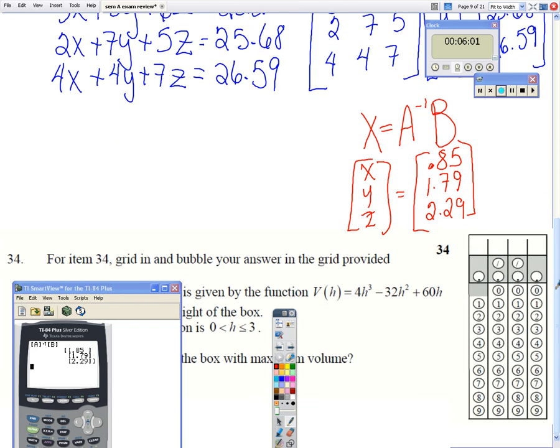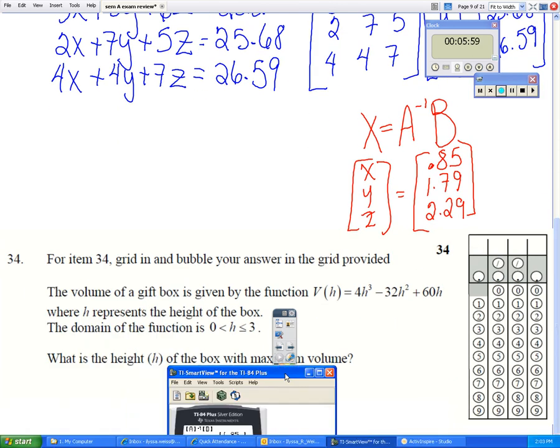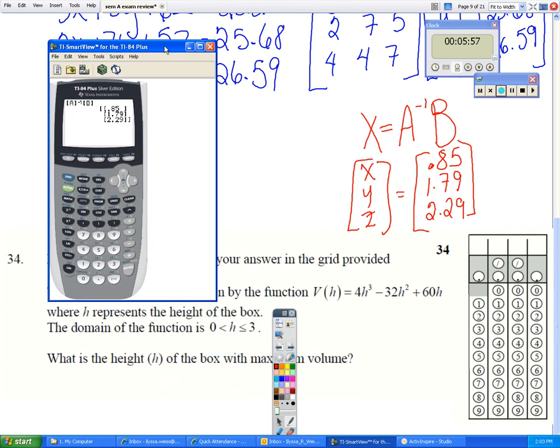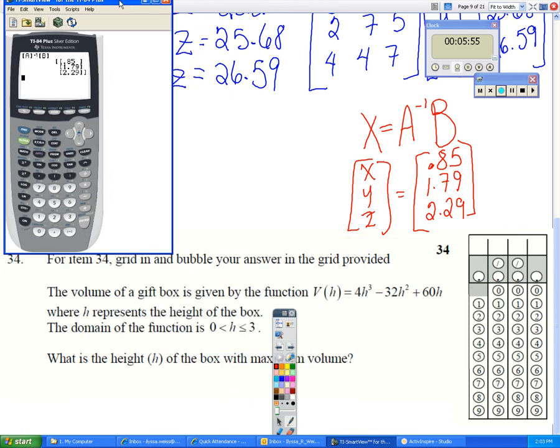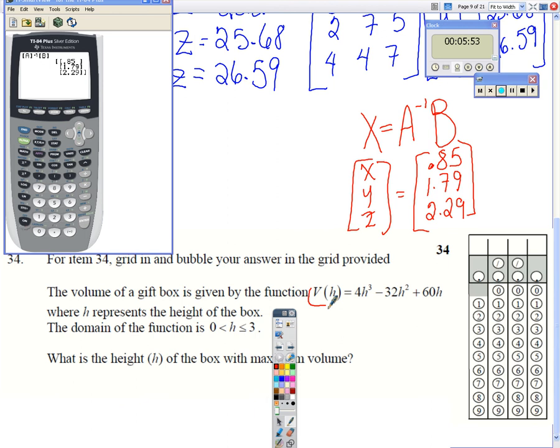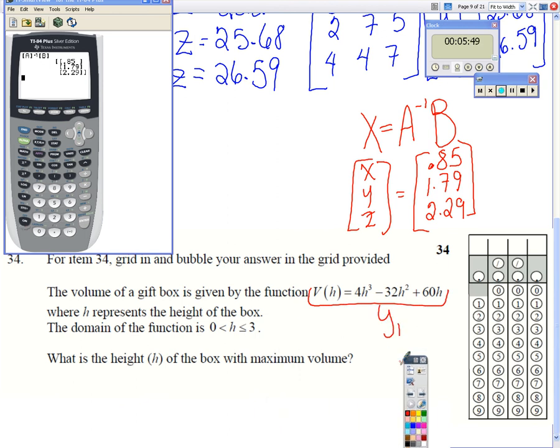So sticking with our calculator, out of the way, we need to put this equation into y1, and because we're looking for the maximum height, because it's a cubic, I'm going to put the polynomial in and then look for the maximum values.